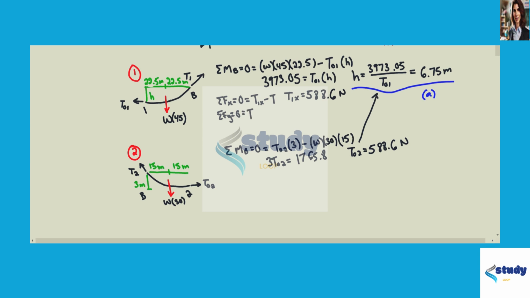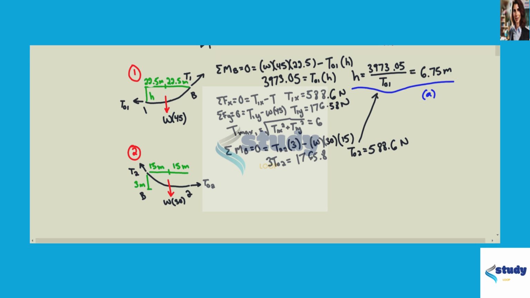Now we're going to do the sum of forces in the y direction and set that equal to 0. This equals T1y minus the weight per unit length times 45. So T1y equals 176.58 newtons. We can solve for T max for the first cable, which is the square root of T1x squared plus T1y squared.